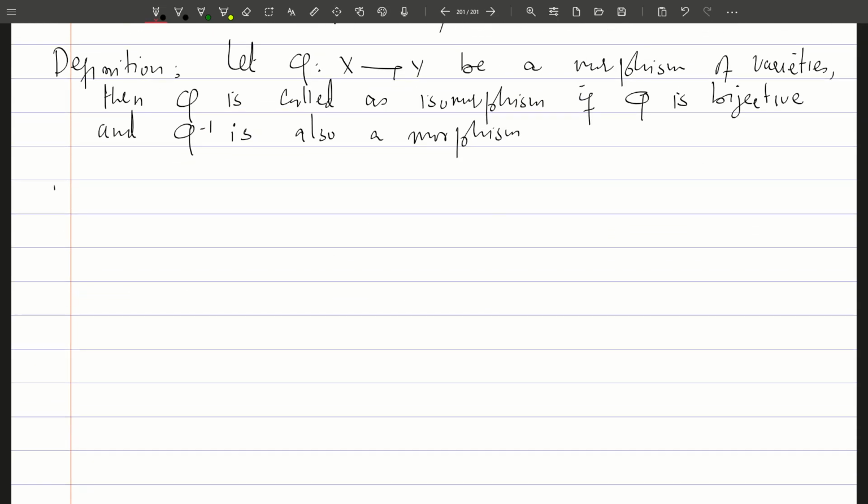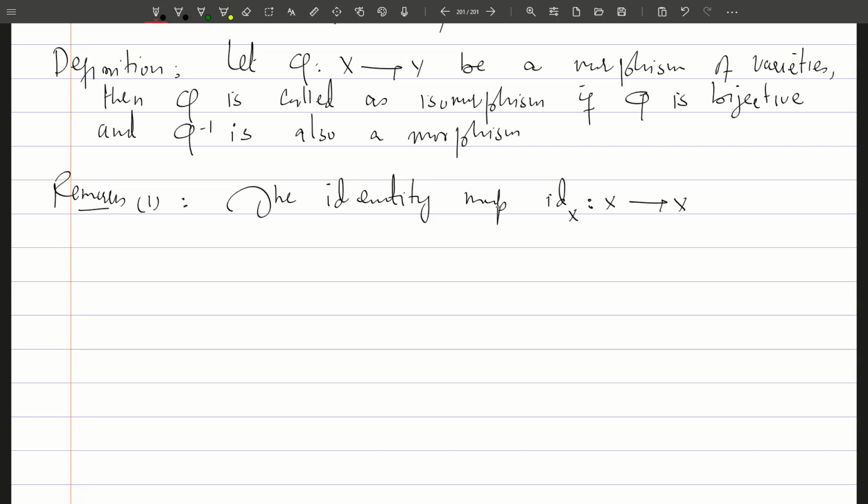Let us make a remark here. The identity map, say id on X, is a map from X to X. So this is a morphism.